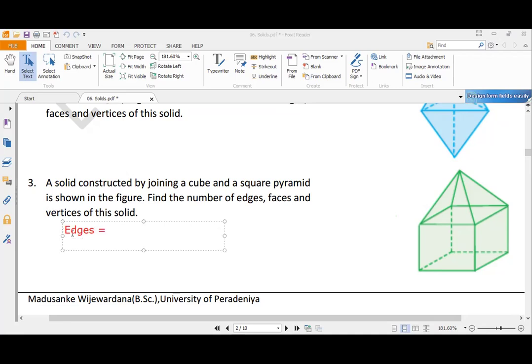Edges, faces, vertices. You just send me how many faces there are.